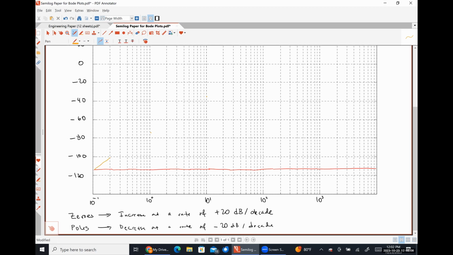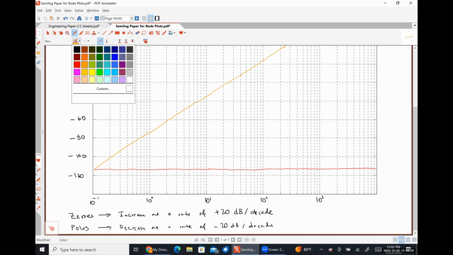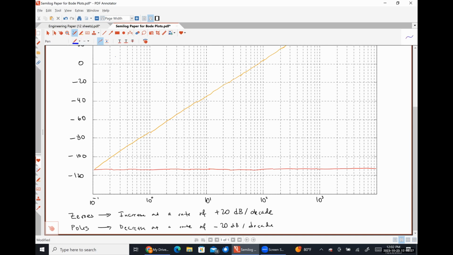Connecting dots here. At 20, we had a pole. So we should be decreasing at a rate of negative 20 decibels per decade. Oh, actually, my bad. Because that's starting at 10, we want it at 20.